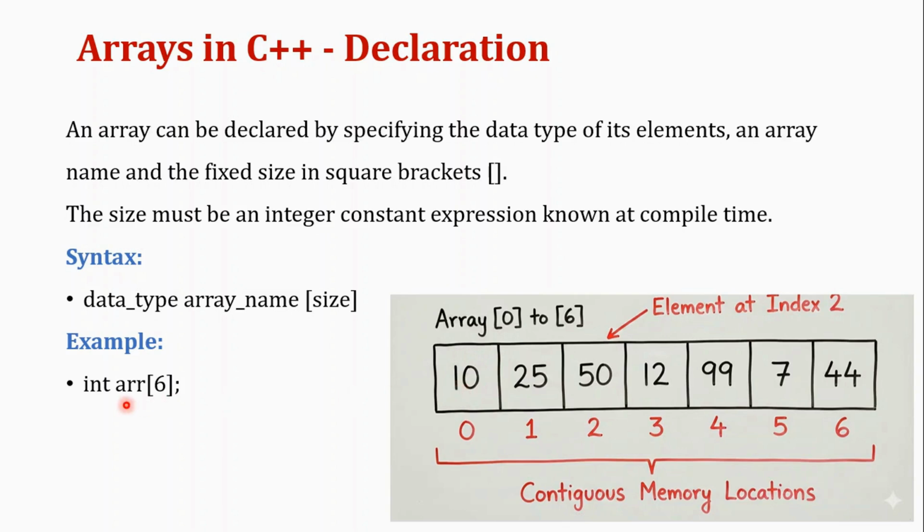If the array name is ARR, then ARR of 0 represents the first value. The last element would be ARR of 5, the sixth element. It's very simple. The elements are stored in contiguous memory locations and referred to by the indexes.